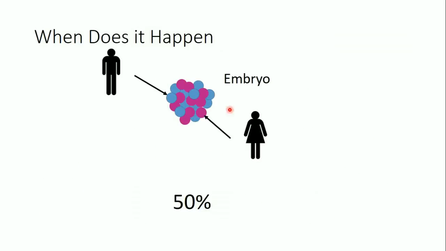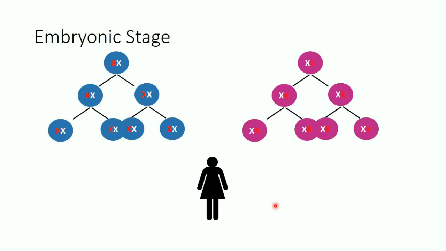So this is the embryo, this is the embryonic stage. In each one of the cells, either the father's X chromosome is inactivated or the mother's one. And as I told you before, the chance is 50%. Afterward, there is the differentiation stage. So in the differentiation stage, all the cells which are derived from a mother cell in which the father's X chromosome is inactivated, they have the father's X chromosome inactivated.